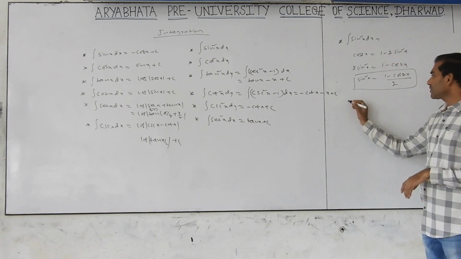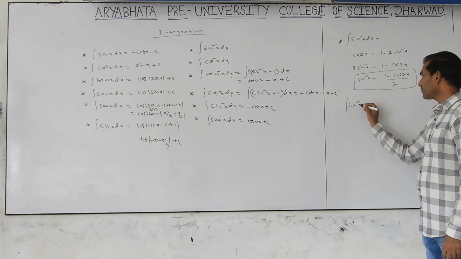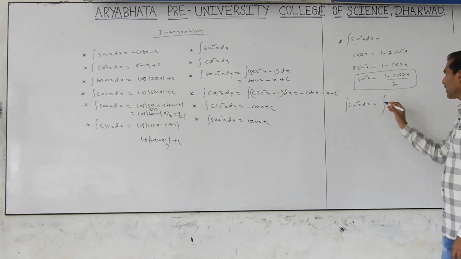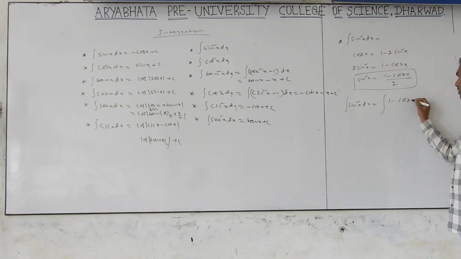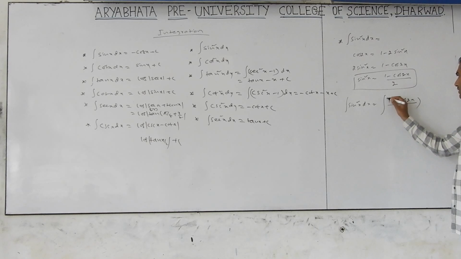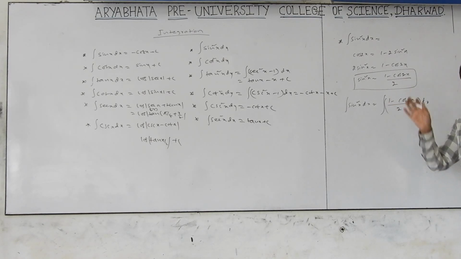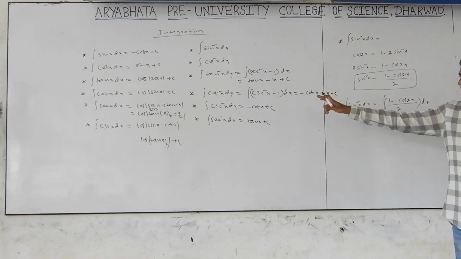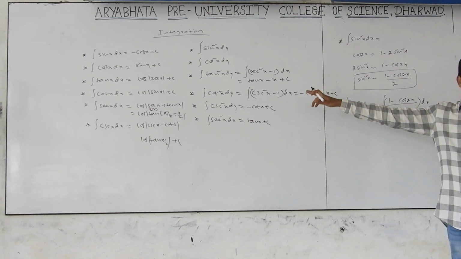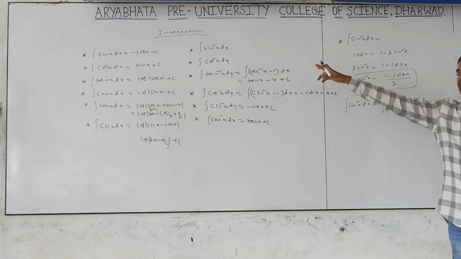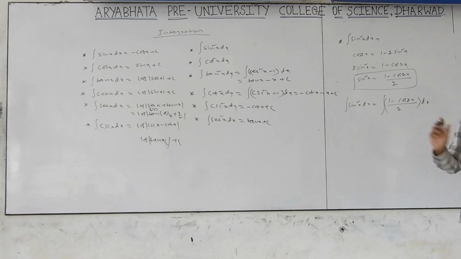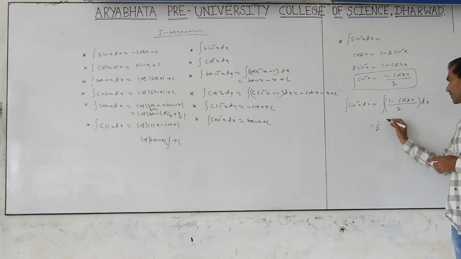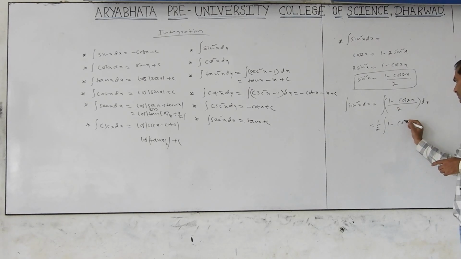Now the integration of sin square x dx equals the integration of 1 minus cos 2x by 2, dx. Keep this in mind: if tan square x comes, convert it to secant square x minus 1; if cot square x comes, cosec square x minus 1; if sin square x, then 1 minus cos 2x by 2. Here 1 by 2 is a constant, so 1 by 2 times the integration of 1 minus cos 2x dx.